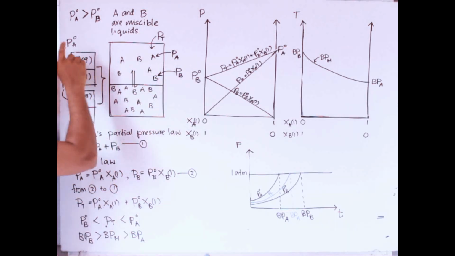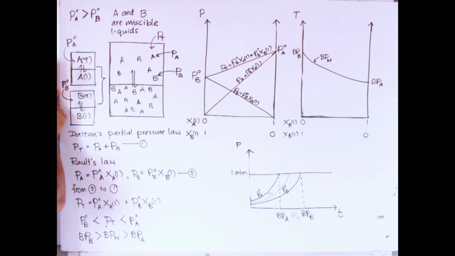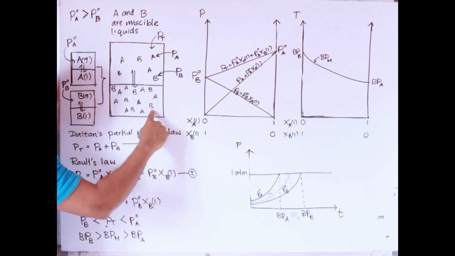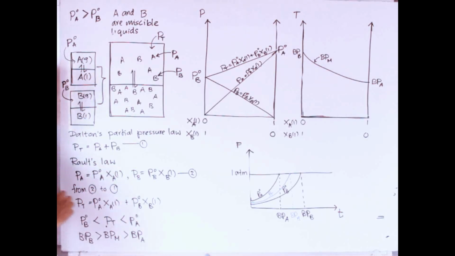PB is equal to P0 B into XB liquid in the solution. So when we substitute the Raoult's law expressions into the Dalton partial pressure, we get the total pressure is equal to addition of these two terms.